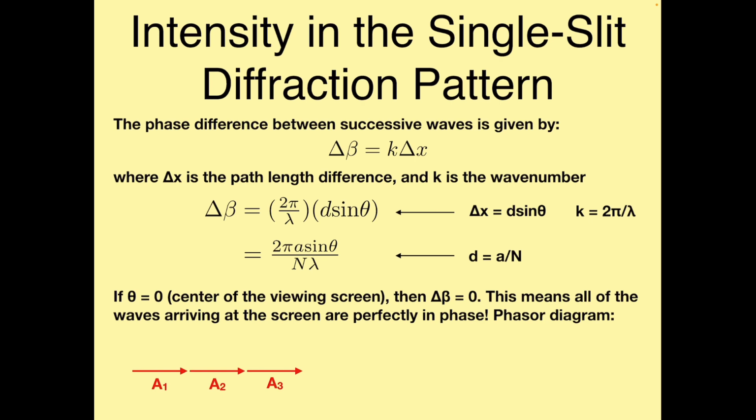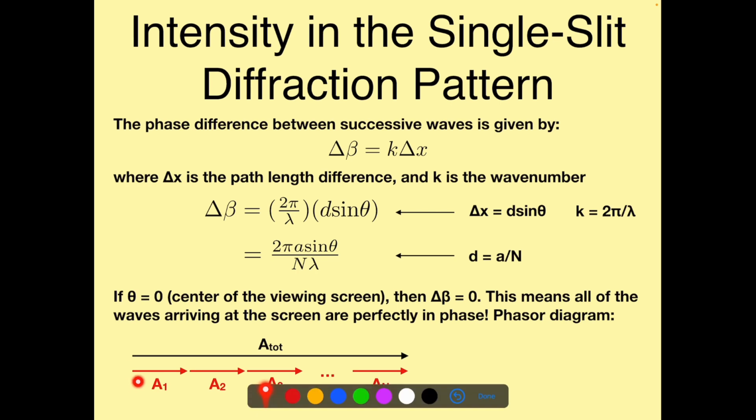And then the same for A3, pointing in the same direction, and so on. And so the total amplitude is going to be represented by a phasor pointing straight to the right. It goes from the start of our first phasor to the end of our last phasor. So this is A total right here, the total amplitude.